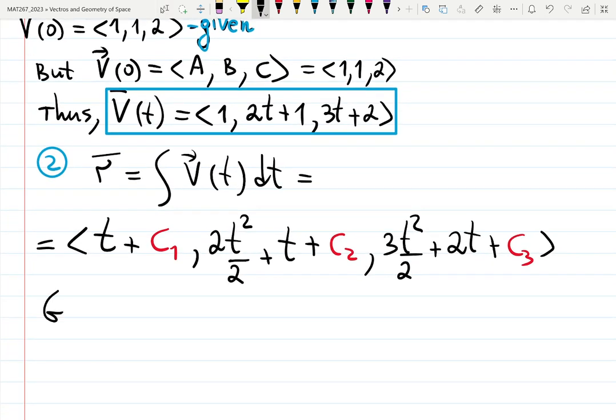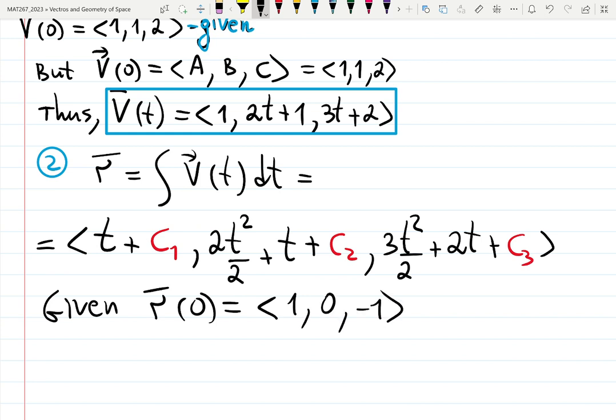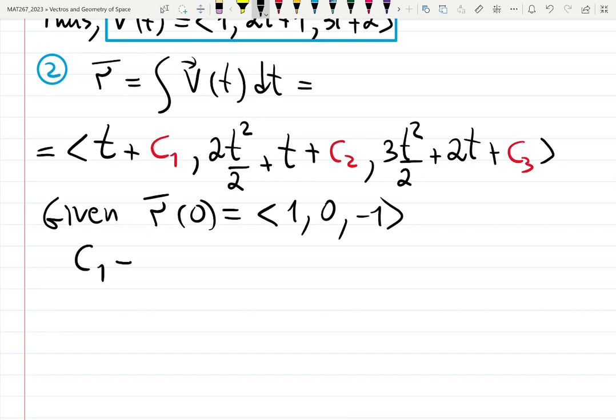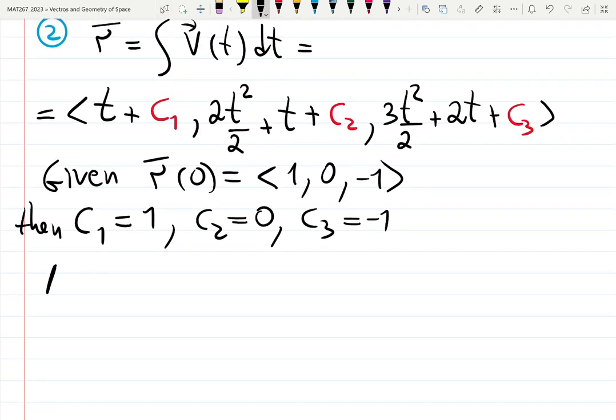R at 0 was given. If you go back, you will see it's 1, 0, minus 1. Plug 0 into your equation, and again C1, C2, C3 will be 1, 0, minus 1. C1 is 1, C2 is 0, C3 is minus 1. Be careful though, it's not always the case that they match.